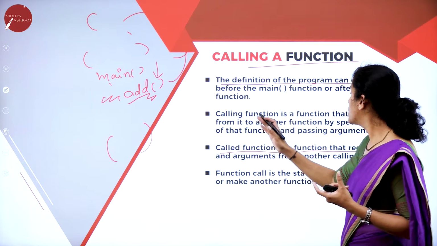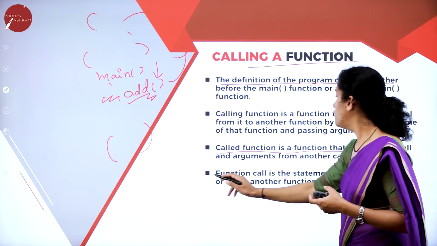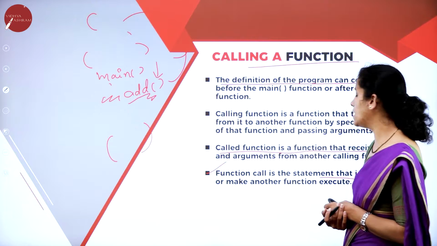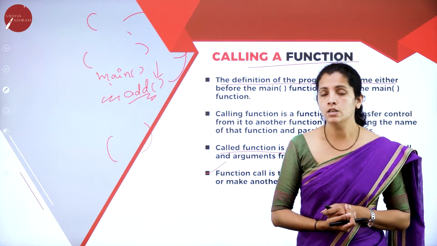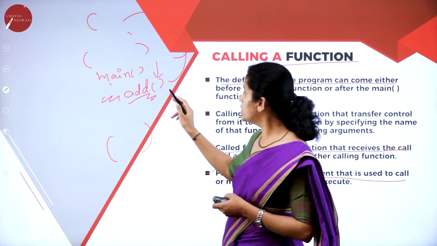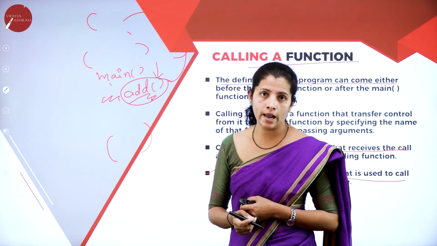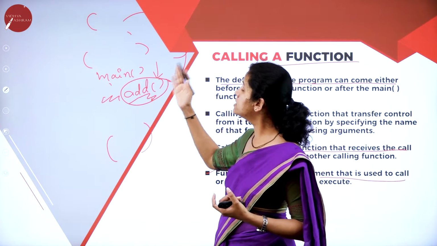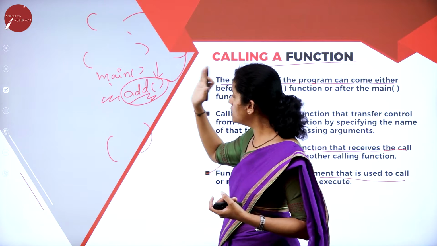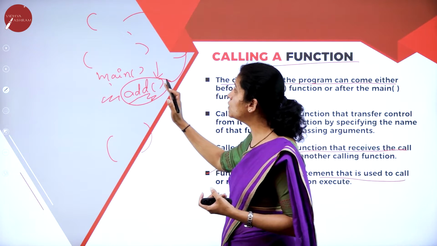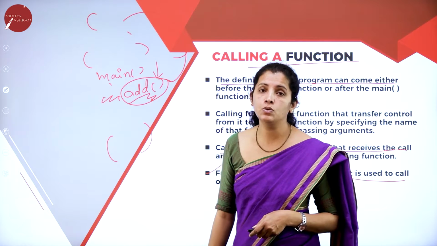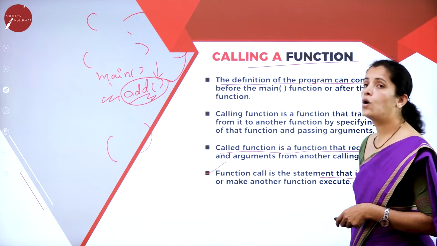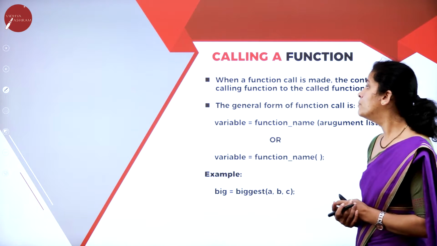A function call is the statement that is used to call or make another function execute. So here, if I want to execute the add function in my program, I call that function, and when I call the add function, the control is directly transferred to the called function. This is the way I can use calling a function in my program.